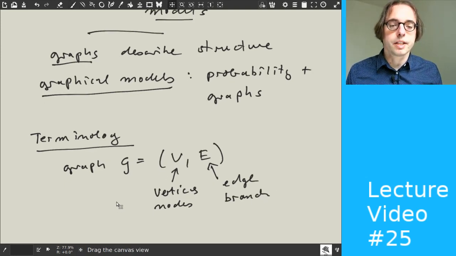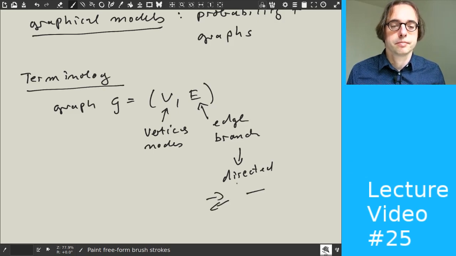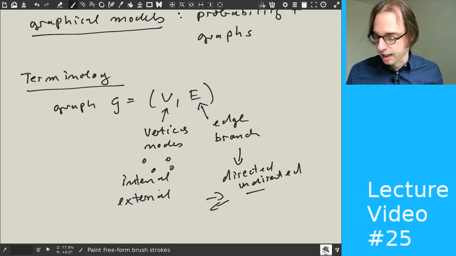Edges can be directed, so it can be like this, or they can be undirected. And vertices are denoted like this, and they can be internal or external in a graph. When they are external, they're usually also called leaves, especially in a tree.